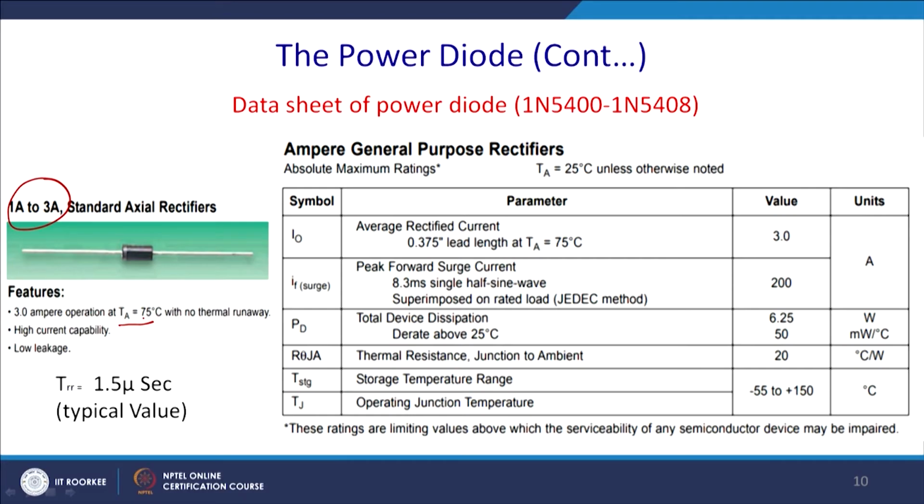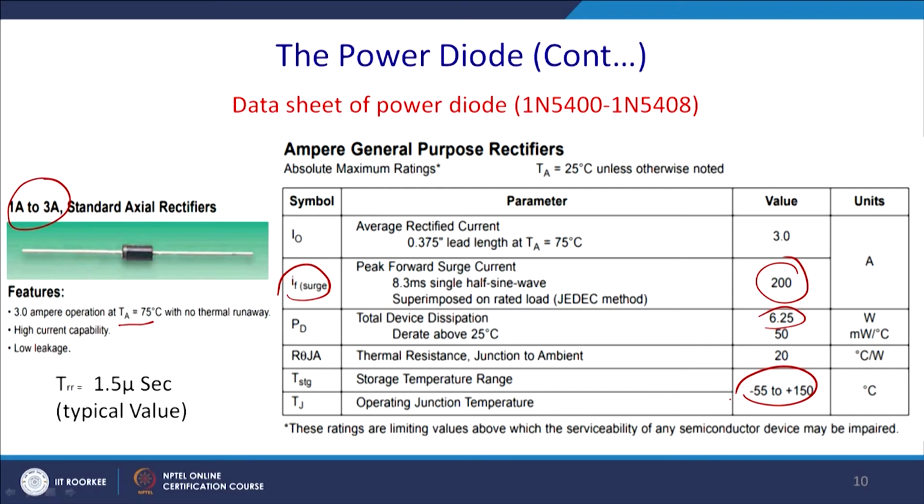One aspect is that the surge current capability is quite high, as high as 200 ampere, and the power dissipation can be as high as 6.25 watt. This is the thermal resistance, and the junction operating temperature can be minus 55 to 150 degrees centigrade.